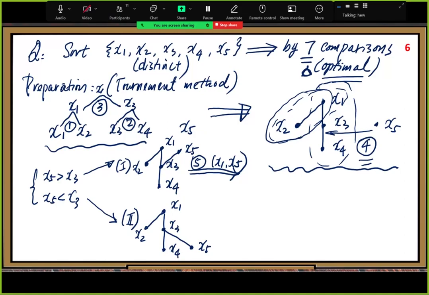Which one would be worse? Because we are targeting the worst case, one of the two cases is worse than the other, and we want to select the worst one. Do you think X5 larger than X1 is worse, or X5 less than X1 is worse?